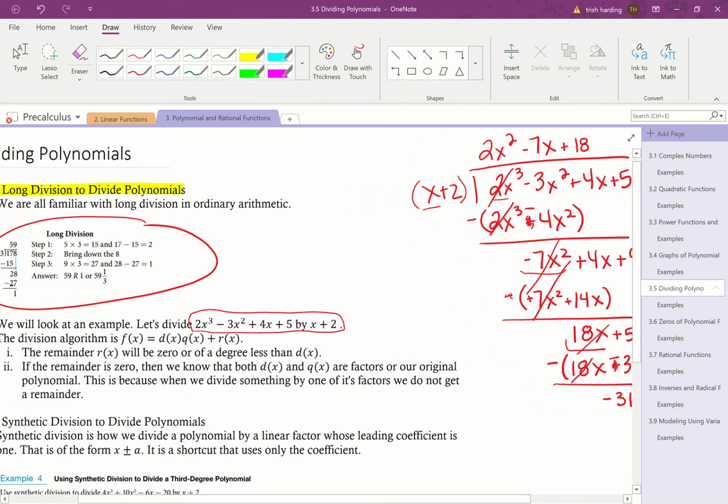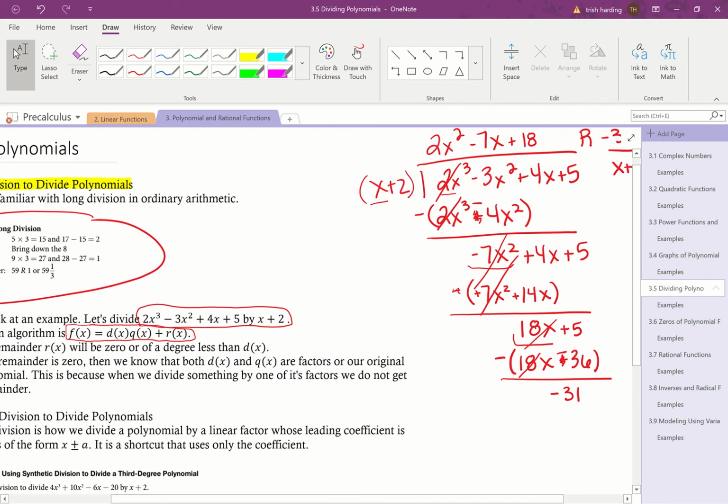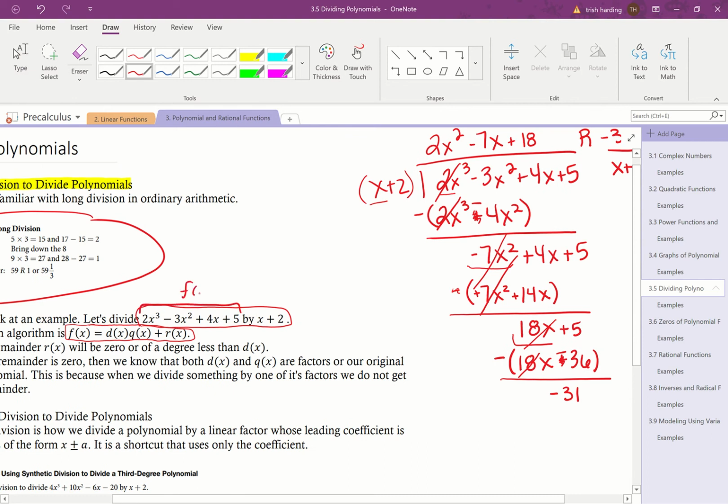So now, if we look at the division algorithm, what this tells me, our f of x is this original one. So that's going to be 2x cubed minus 3x squared plus 4x plus 5 is equal to d, the divisor.